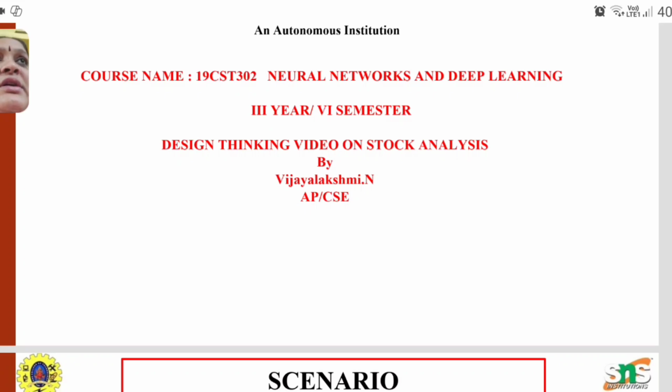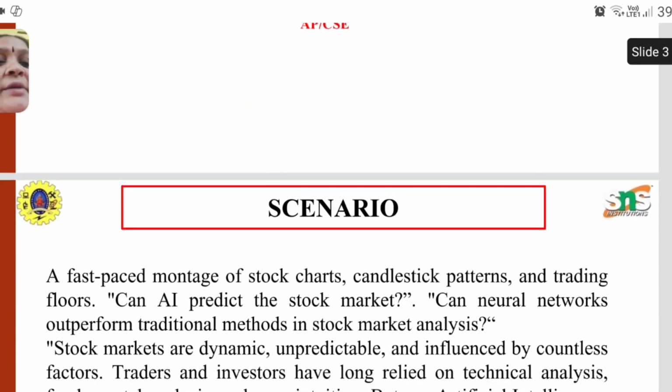The input we need for stock analysis is the past stock data, the database. With the help of that, we can predict the future. You can take any stock from the stock market and implement it through design thinking.